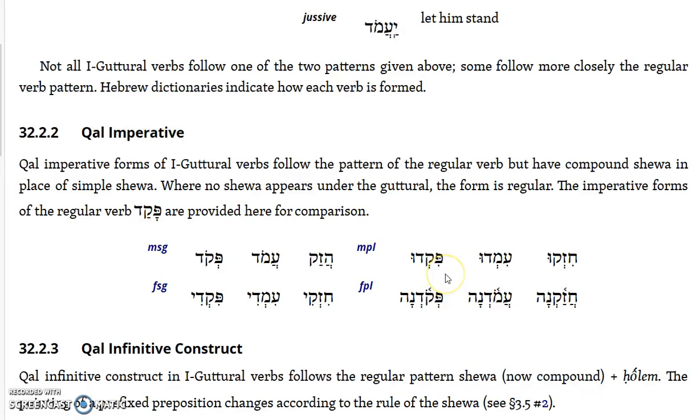Same thing with the masculine plural. It follows exactly the same pattern as the strong verb. It's only in the feminine plural where you try to put a shavah under the first consonant of the root, peqodna in the verb paqad. Well, there you get the hataf patah in both cases.